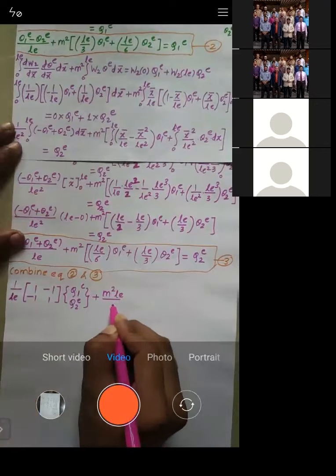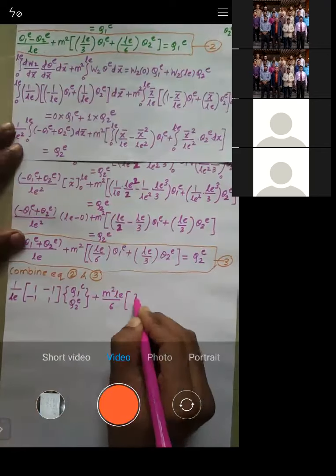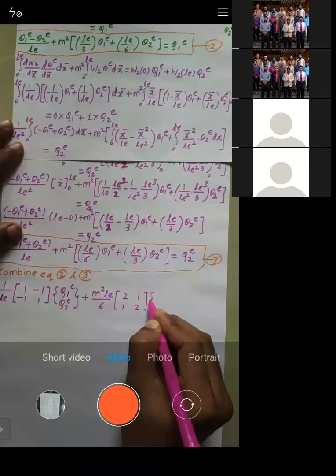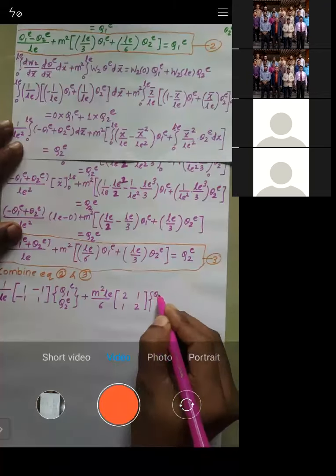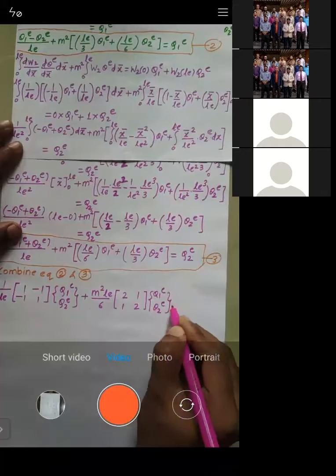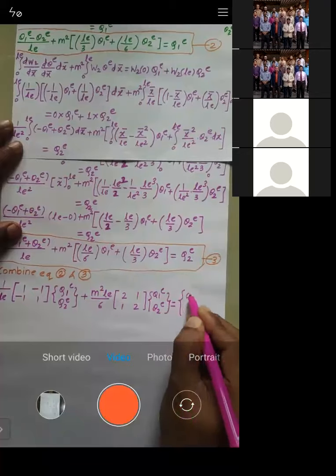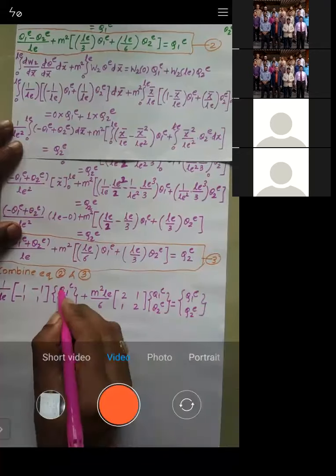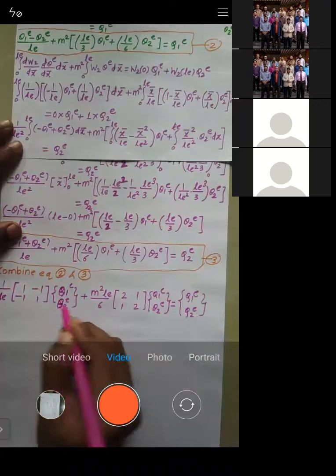L E by 6, 2 1 1 2, into theta 1E theta 2E, is given by Q1E Q2E. Try to understand. This is theta, this is again theta.